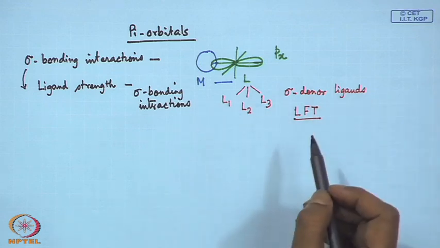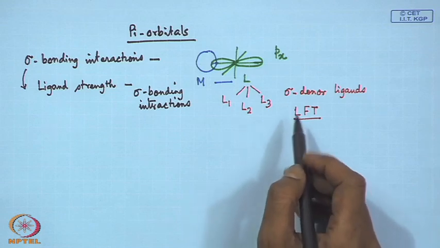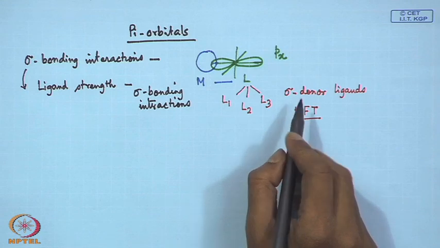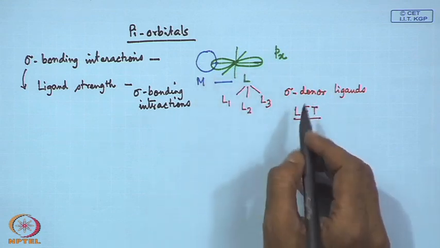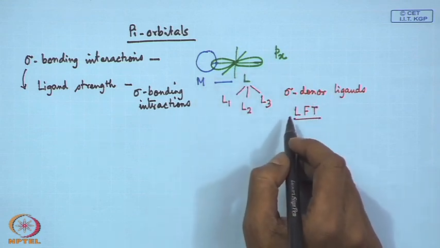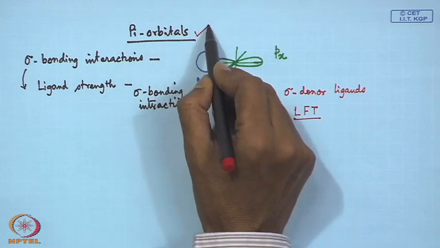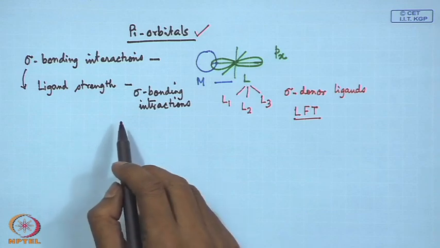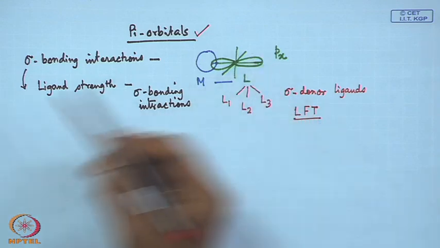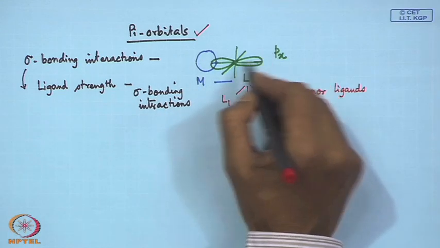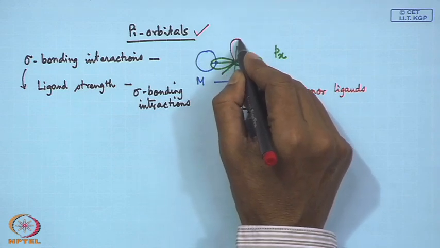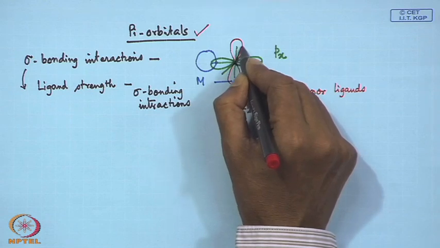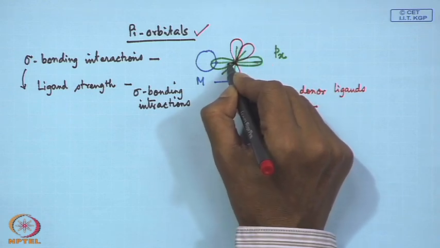But the sigma bonding interaction is not the only interaction taking place between the metal and the ligand, and we can have some interesting interactions from the pi orbitals. So, we must make a choice for the remaining orbitals available from the ligand set, that means the px and py orbitals.